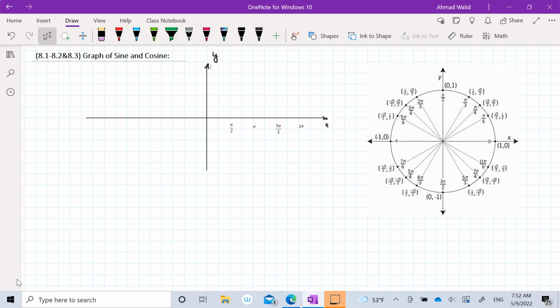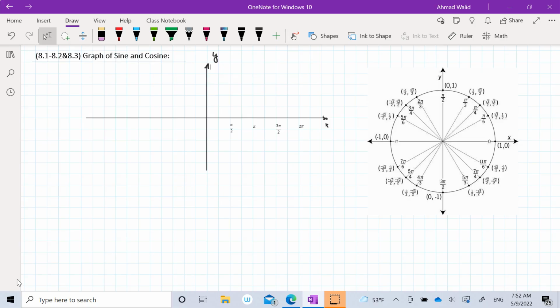I'll start with simple graph of sine and cosine. We will explain what is the shape, what is the domain, what is the range, key points, x-intercept, some of those stuff that helps graphing a lot, and an easy method how to graph. Then of course we start with transformation.